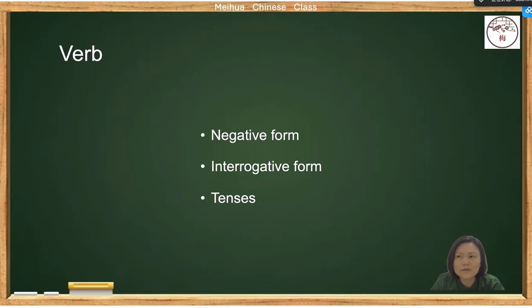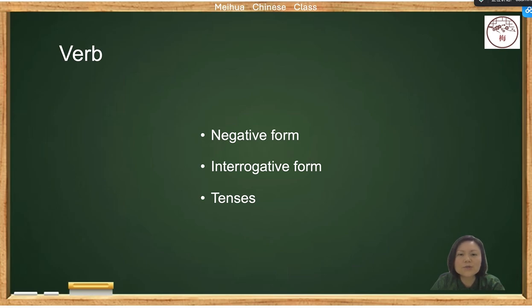So at the beginning, I said, actually Chinese grammar is super easier than English and Spanish. What I really wanted to note was about the grammar rules about verbs. So let's find out how easy it is in Chinese.